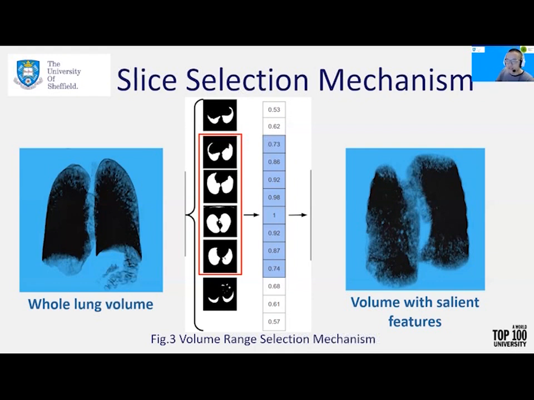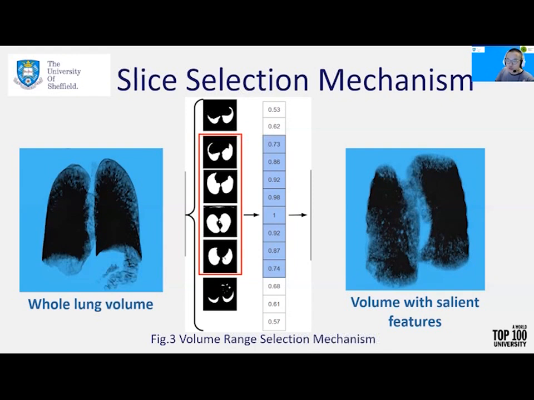The basic idea is, once we have the clear mask image, we first calculate a column of the area that the lung region accounts for in the whole slice image. Then we normalize the column by dividing by the maximum area value. So we obtained a column of normalized lung region area.